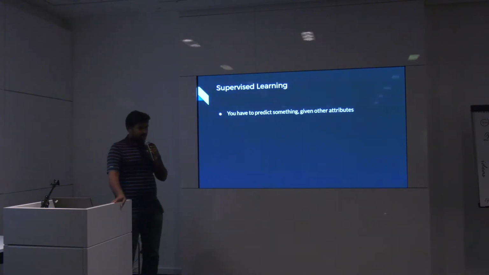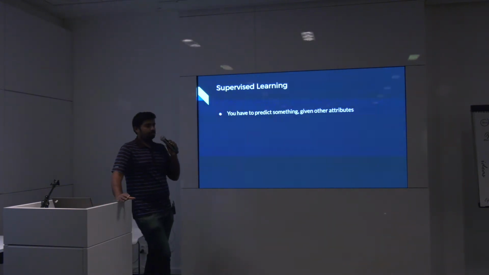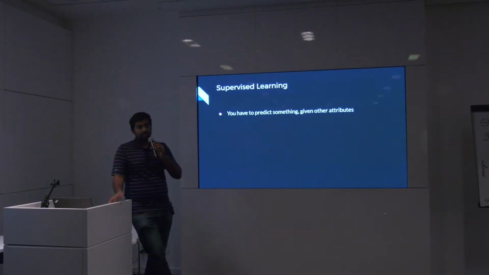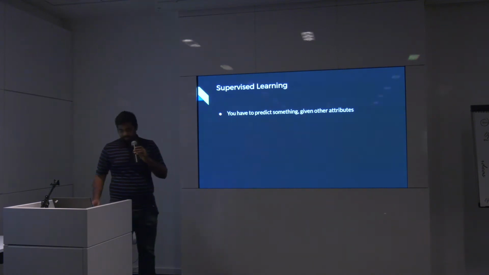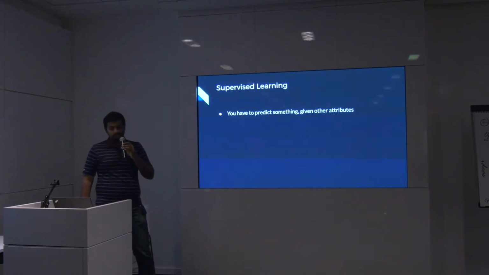So in supervised learning, you have a bunch of attributes. For example, if you want to predict the age or gender of a person, you have attributes like height, weight, maybe color of the skin or length of their hair, and so forth.